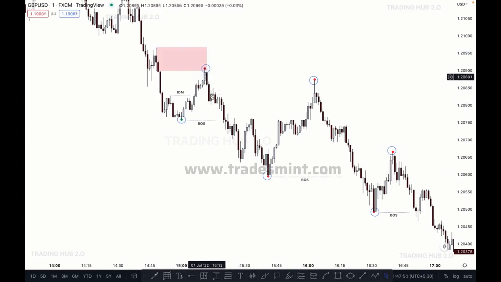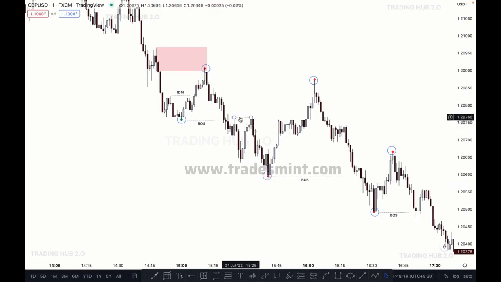The same thing happens here: the market breaks the structure and pushes downside, and after breaking this structure, our recent high is here. Now you can see the market did not break this high, so where is our inducement? In this case, the market did not break this structure, and then the market created a new low here.